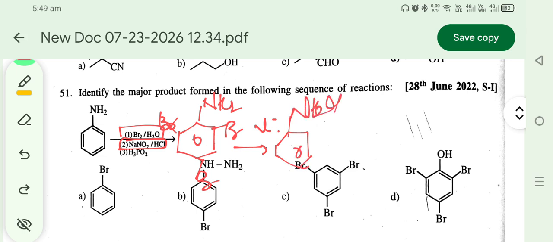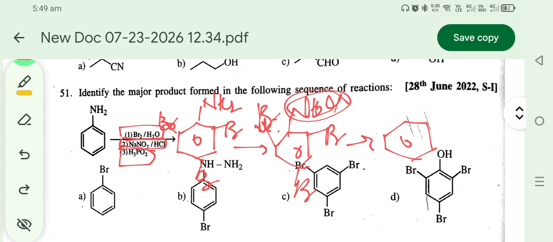Aniline is converted to diazonium chloride having 2,4,6-tribromo. After reaction with H3PO2, the diazonium chloride part is converted to benzene, which has 2,4,6-tribromo, option C.